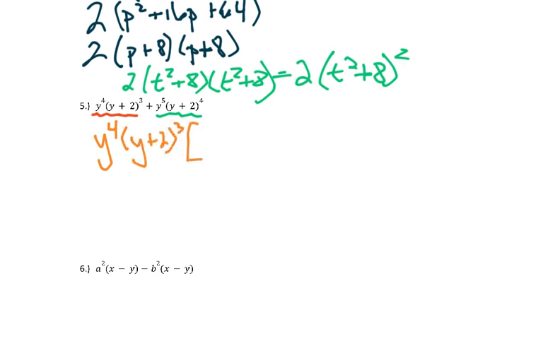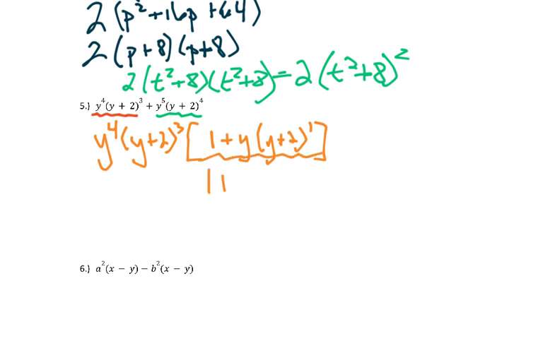Now let's see what we have left. If we factor out y to the fourth, y plus 2 cubed out of the first term, I'm going to take everything out, but it doesn't leave me with 0, it leaves me with 1. Now if we look at the second term, if I factor out y to the 4, I'll still have 1 y left, and my y plus 2's, I will also have one of those left. We can simplify this a little bit more by combining terms here.